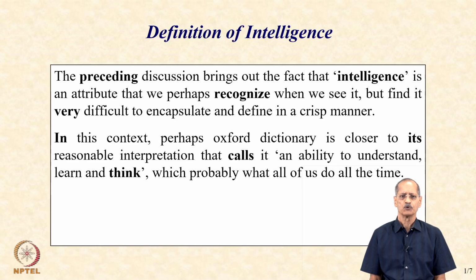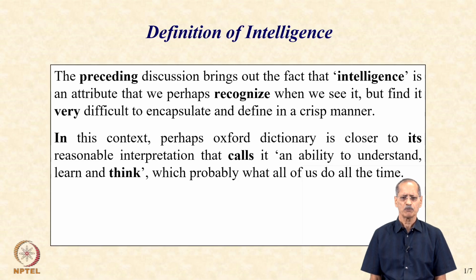In fact, if you go to the Oxford Dictionary, which perhaps is probably the closest to its generic interpretation, it calls it an ability to understand, learn and think. So, at some level we can perhaps accept this as a very generic definition and a placeholder for intelligence, which we can say is an ability to understand, learn and think.